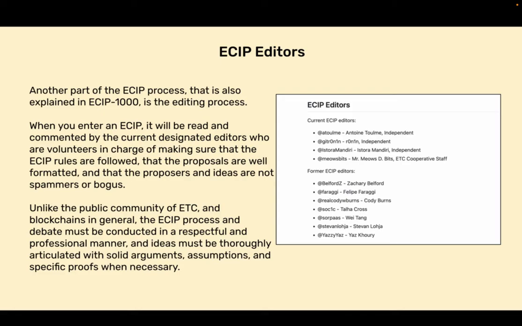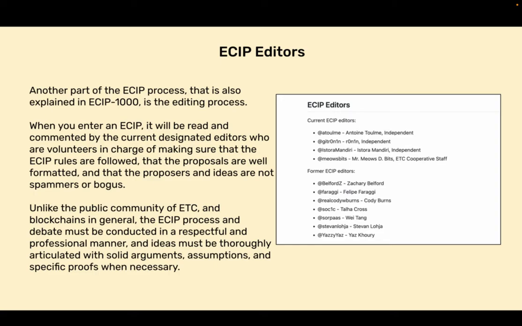ECIP editors. Another part of the ECIP process that is also explained in ECIP 1000 is the editing process. When you enter an ECIP, it will be read and commented on by the current designated editors, who are volunteers in charge of making sure that the ECIP rules are followed, that the proposals are well formatted, and that the proposers and ideas are not spammers or bogus.